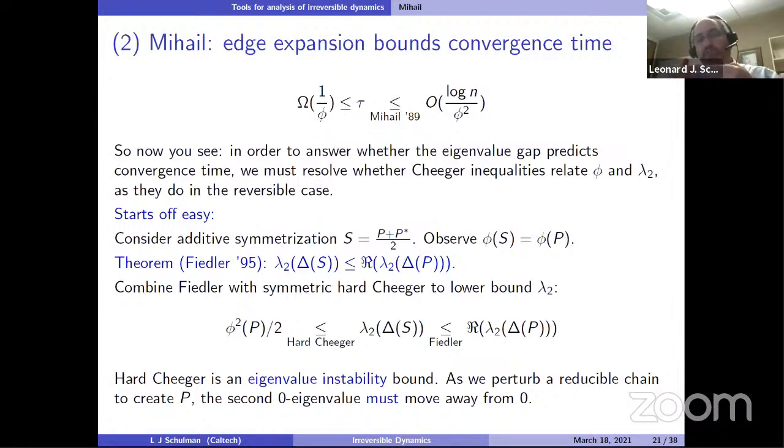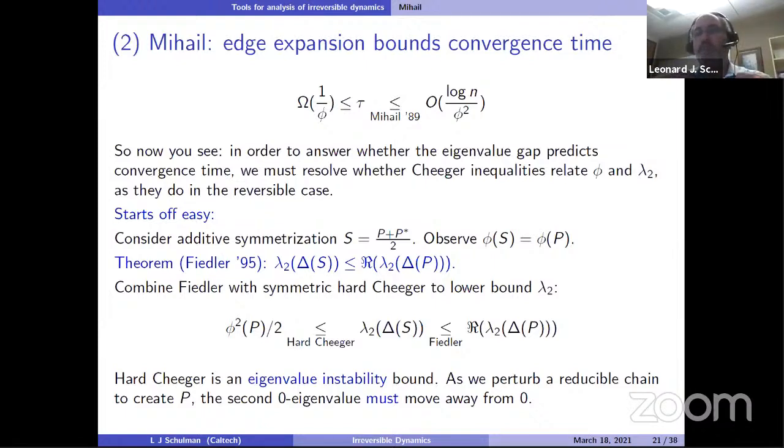Hard Cheeger is what we should call an eigenvalue instability bound. It says, if I took a reducible chain, a Markov chain that really broke into two completely separate pieces, then you have two eigenvalues at the origin for the Laplacian. What hard Cheeger is saying is that as soon as you connect the system, the double eigenvalue at 0 has to move away from the origin.